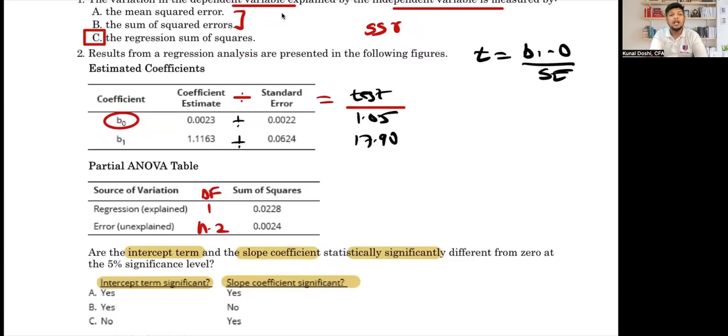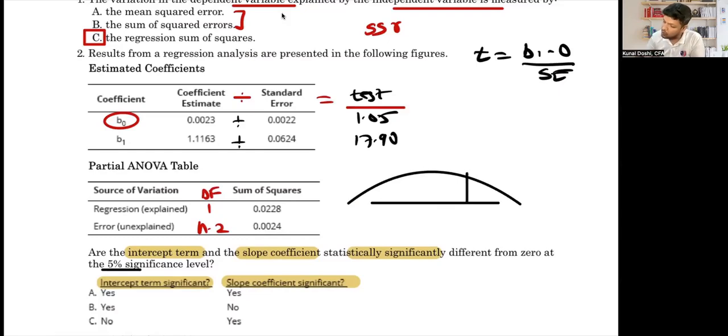Now, even without the table, assume you don't have the table. You already know at any significance, at 10%, 5% and 1%. Even if you take 1% significance, what is your score? 2.58. Even if you take 5%, 1% or anything, 10%. They have said here 5%.